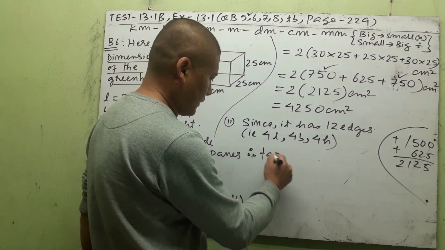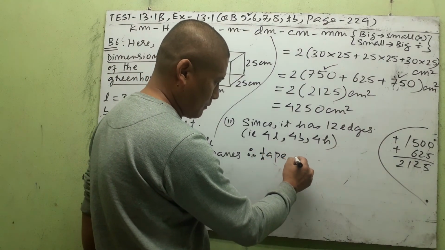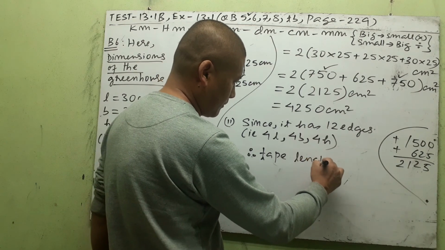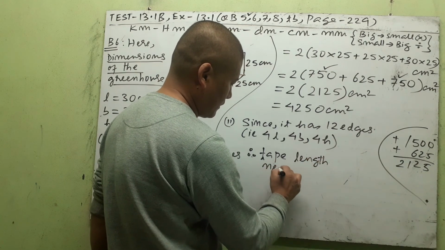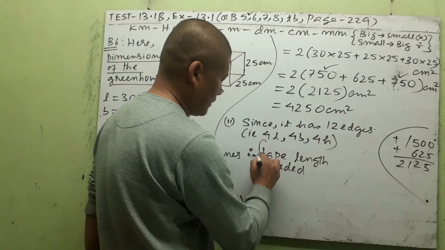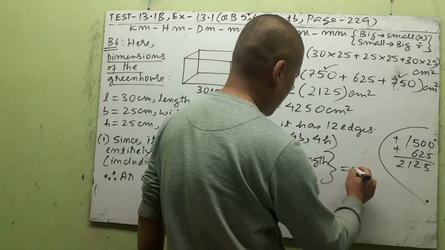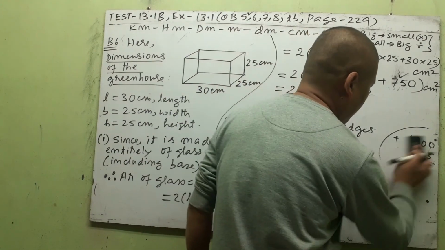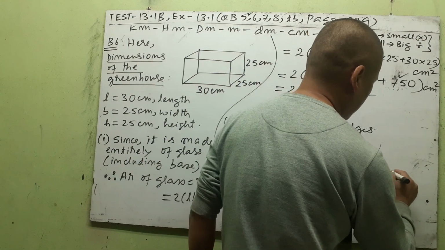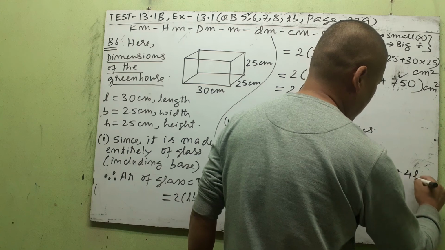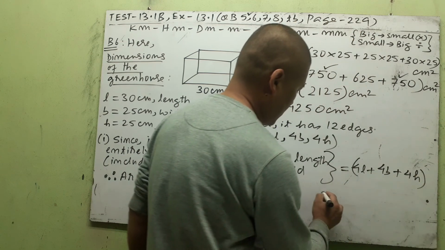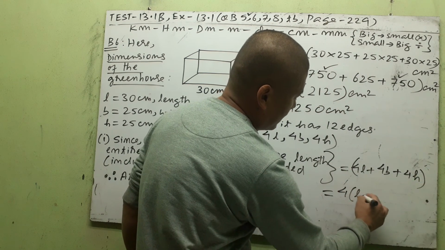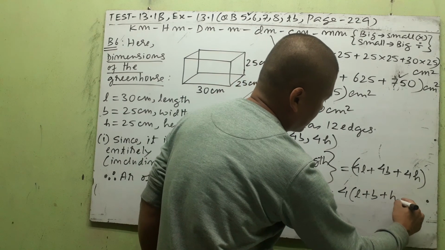Tape length needed, common sense will tell you, is solid tape to put on 4L plus 4B, 4 breadth edges are there, 4H edges are there. So if you take out the 4, then 4 into L plus B plus H, this much solid tape.